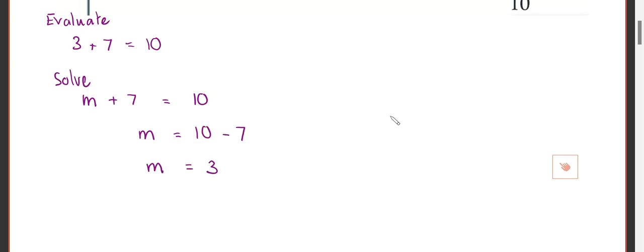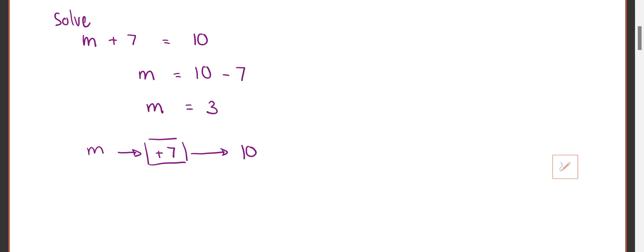Now, you did some work on function machines as well. So I would write this as, if I know this is m, and what happens to it is we add 7, what comes out the other end? 10.